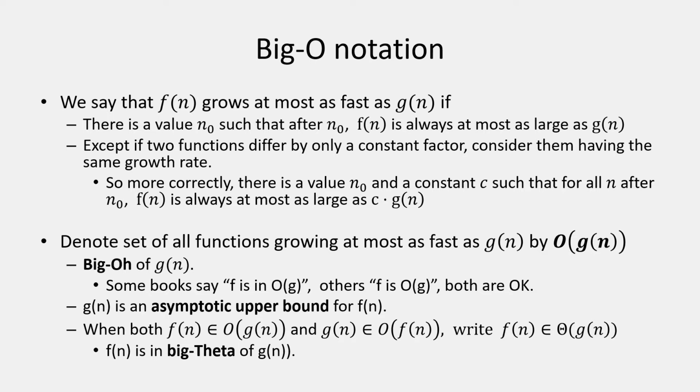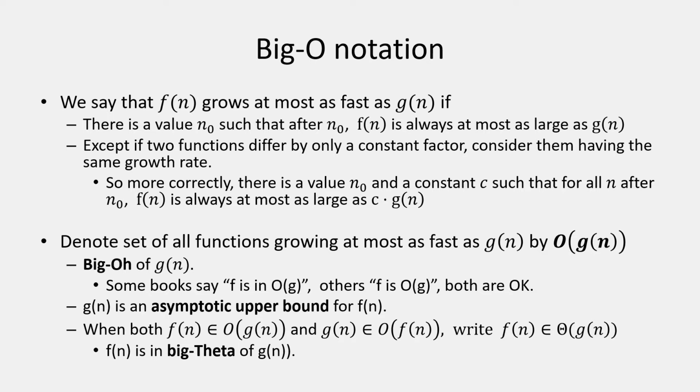So we say that the function f is in big O of a function g, or some books will say is big O of a function g, it depends, if basically from some point on, some number n0, the function g grows as fast or faster than the function f.